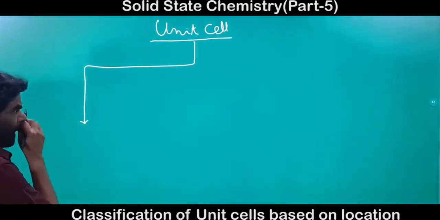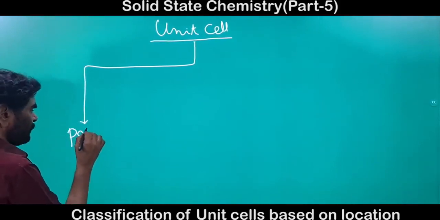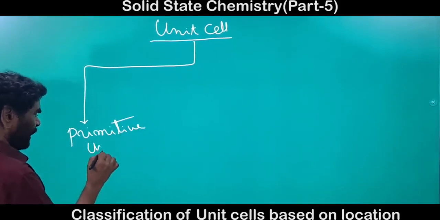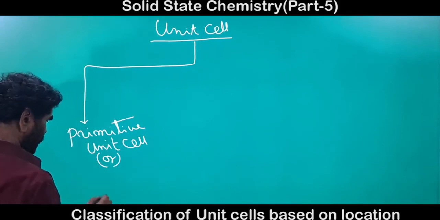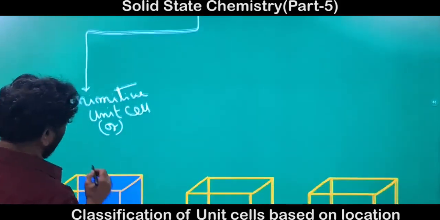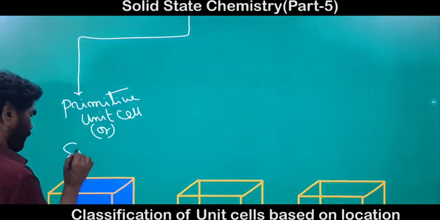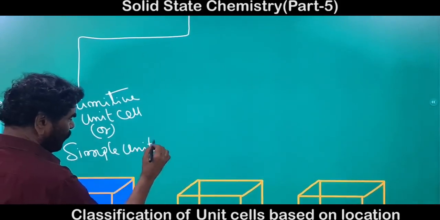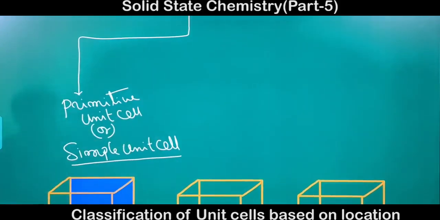The first one is called the simple unit cell, or the primitive unit cell. Simple unit cell or primitive unit cell, both are the same.